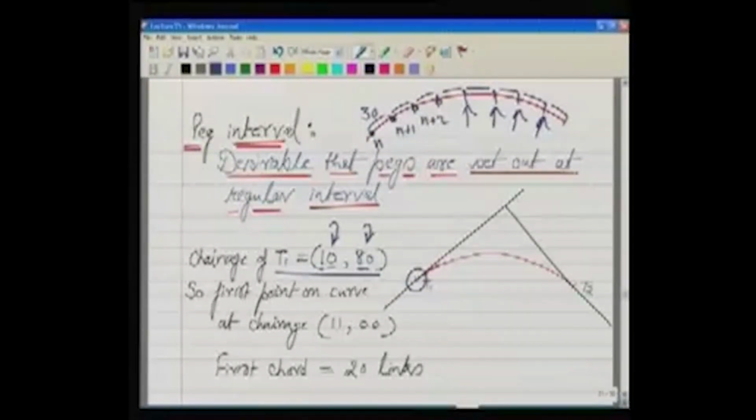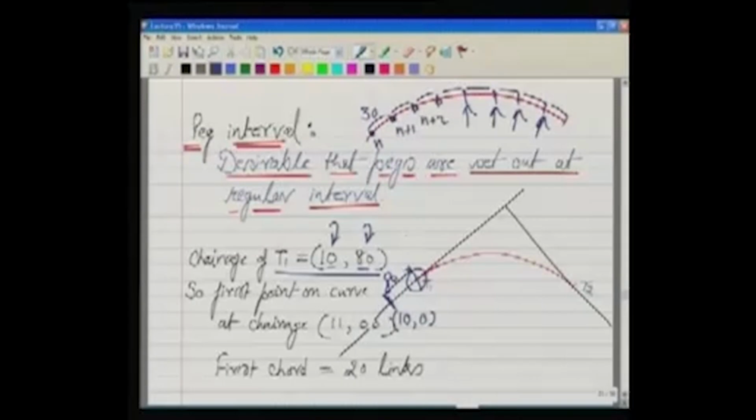If I go backward here, my 10th chain was complete here. So the chainage of this point is 10, 0: 10 full chains and 0 links. Now, the rest of this distance, from a point here to a point here, is equal to 80 links.